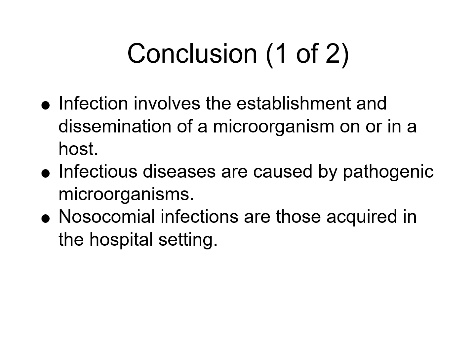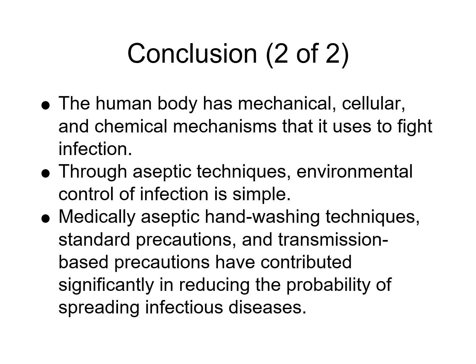Nosocomial infections are acquired in the hospital setting and are preventable because we can break the spread by adopting the PPE and following the hand hygiene protocols. The human body has mechanical, cellular, and chemical mechanisms that it uses to fight infection. Through aseptic techniques, environmental control of infection is fairly simple and straightforward.